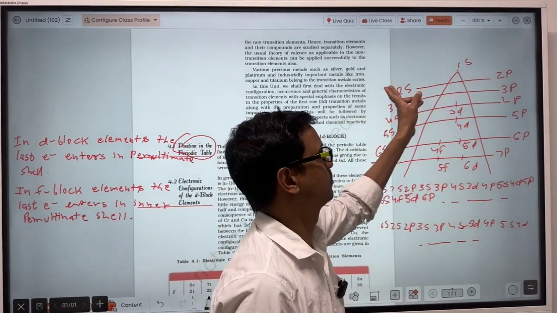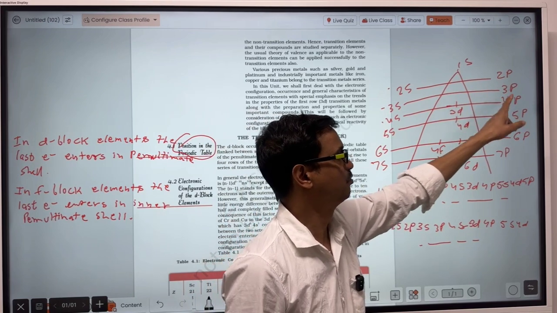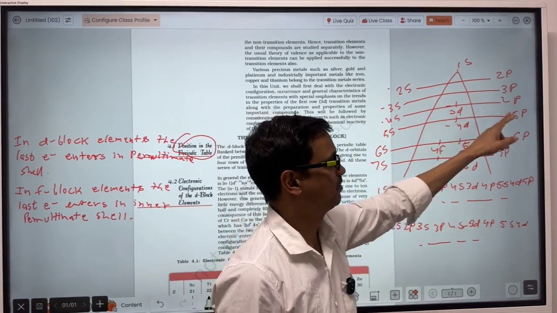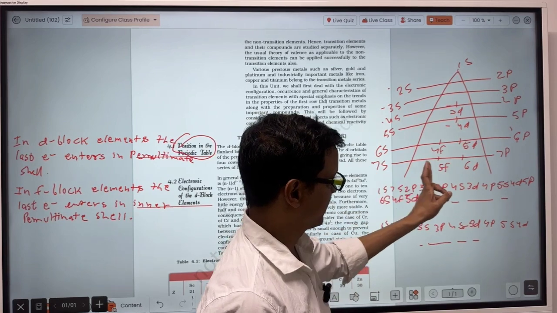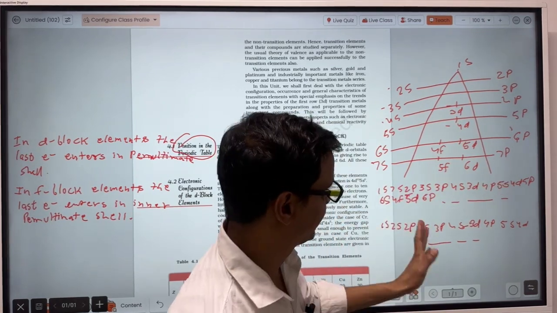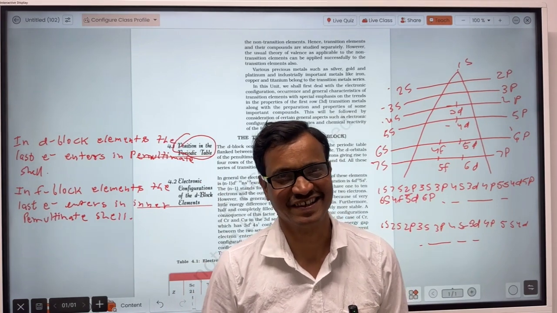Simply from 1s, then 2s, 2p, 3s, 3p, 4s, 3d, 4p, 5s, 4d, 5p, 6s, 4f, 5d, 6p, 7s, 5f, 6d, 7p. Like that. Now, in the IIT Main examination, you will not get that time.